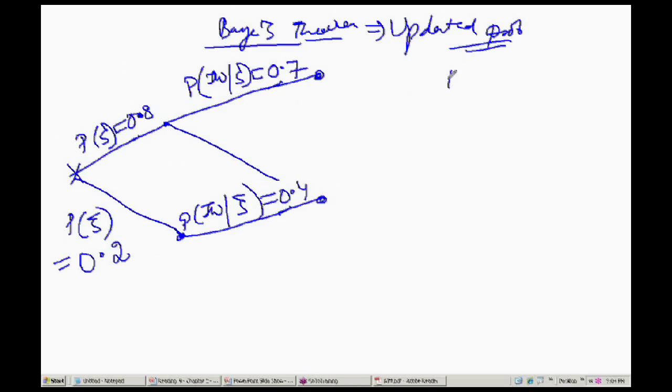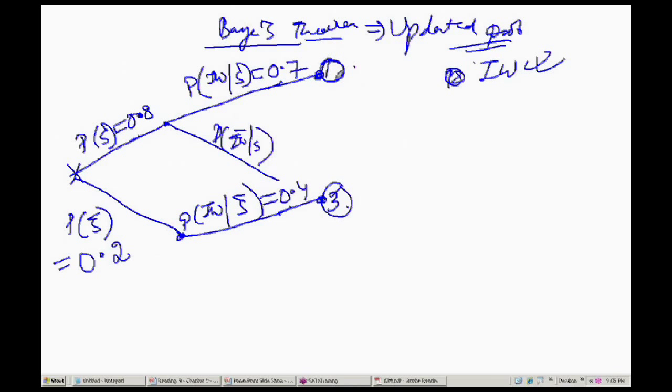Now you have got the news that India has won. That means either node 1 would have happened or node 3 would have happened, because in the other two cases India was not winning.